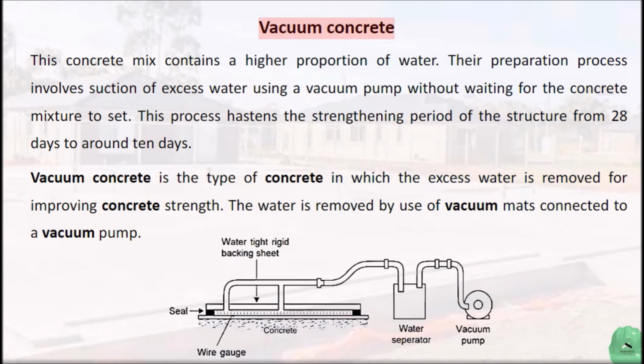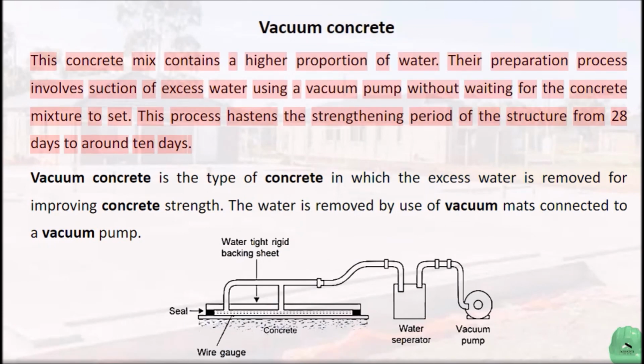Vacuum concrete. This concrete mix contains a higher proportion of water. Their preparation process involves suction of excess water using a vacuum pump without waiting for the concrete mixture to set.